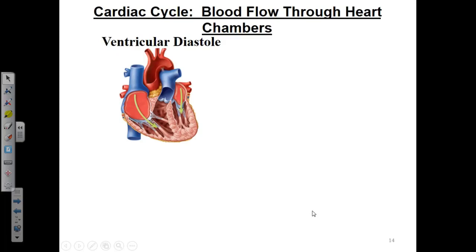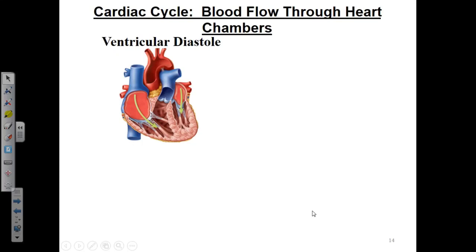And since those AV valves are open, a lot of that blood is going to go from the atria and start filling the ventricles. Okay? So a lot of times when we talk about systole and diastole, we're really interested in the ventricles. But we can also talk about systole and diastole for the atria as well.